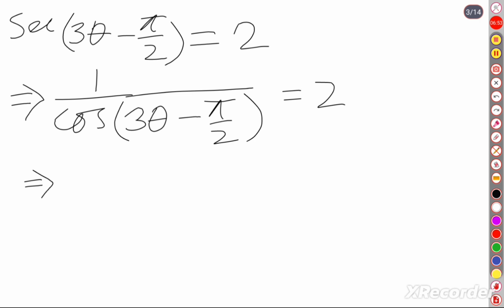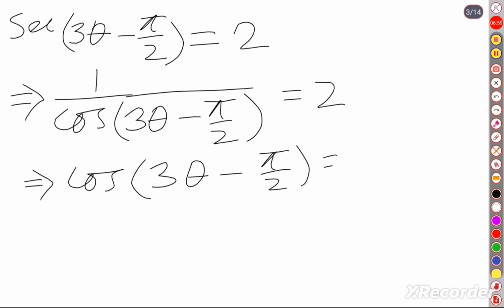If we cross multiply and reverse, we get cos(3θ − π/2) equal to half, transposing cos to the other side.